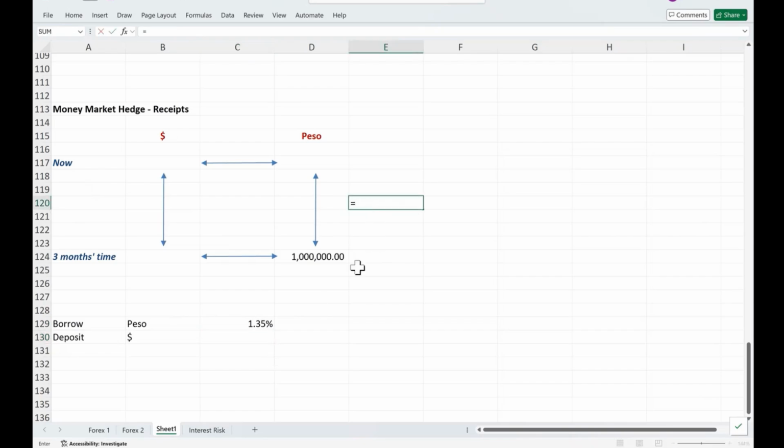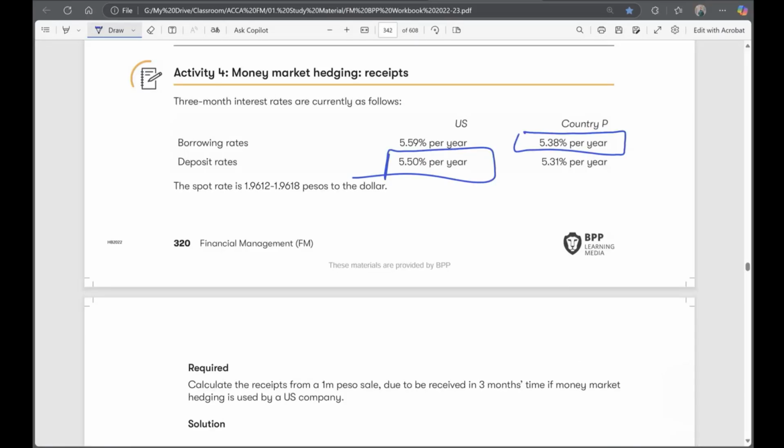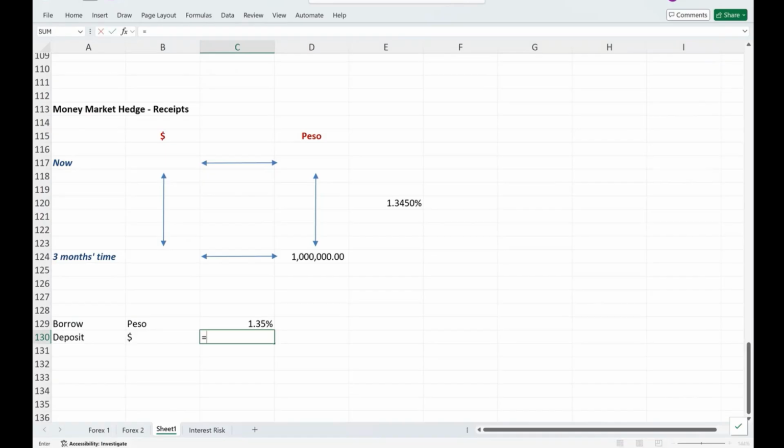So we borrow in peso at this rate. Then the deposit rate for dollar is 5.50%, divided by 4, which is 1.38%. So that is the rate we use for dollar.